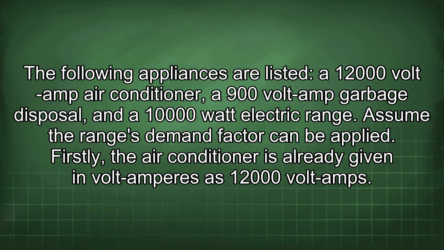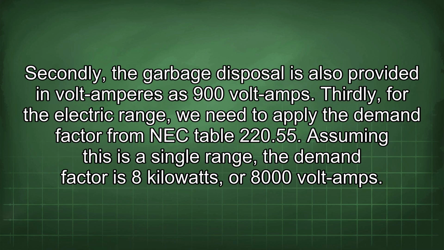Firstly, the air conditioner is already given in volt amperes as 12,000 volt amps. Secondly, the garbage disposal is also provided in volt amperes as 900 volt amps. Thirdly, for the electric range, we need to apply the demand factor from NEC Table 220.55. Assuming this is a single range, the demand factor is 8 kilowatts, or 8,000 volt amps.